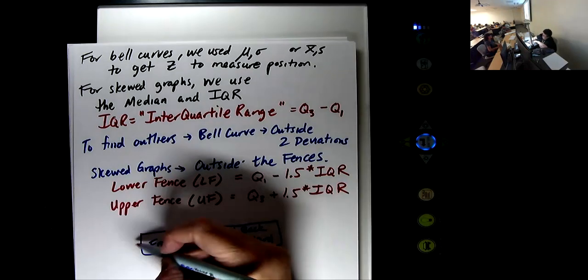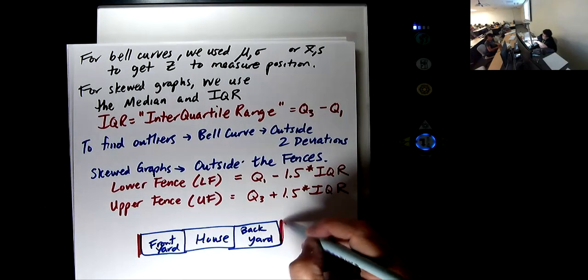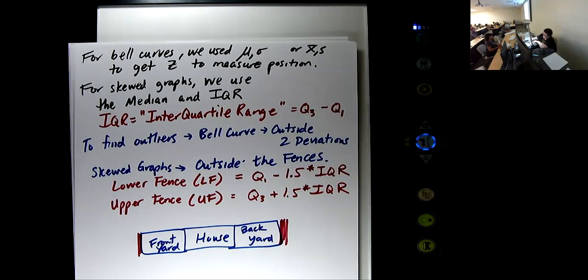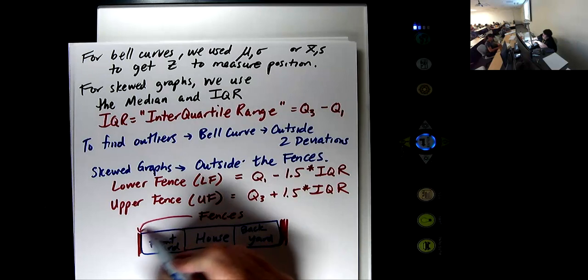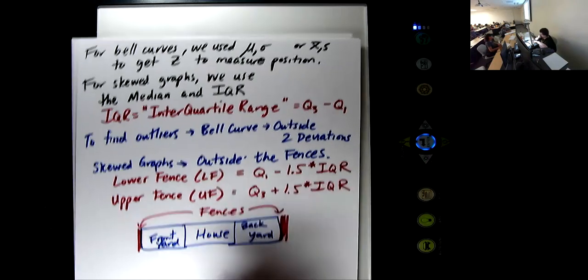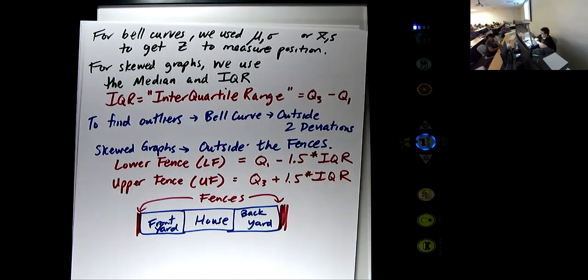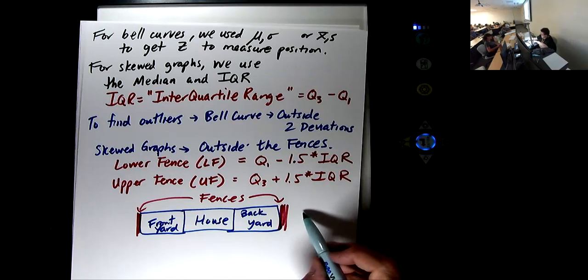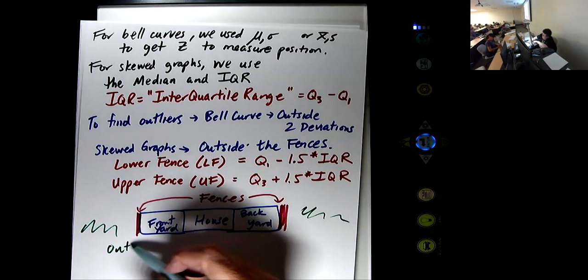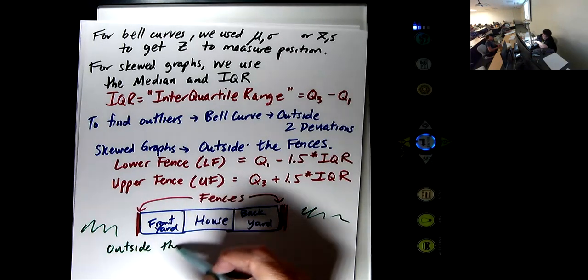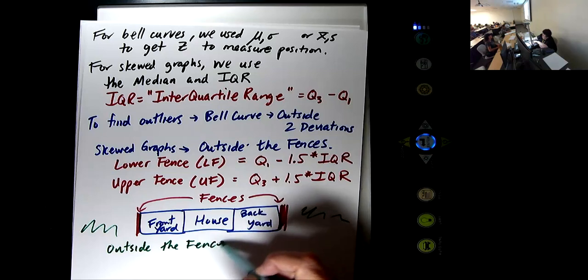And you've got fences right here. Anything over in this region or in this region, outside the fences, are the outliers.